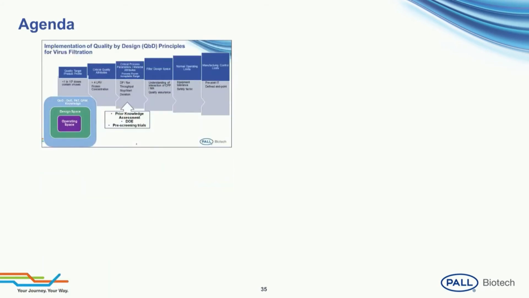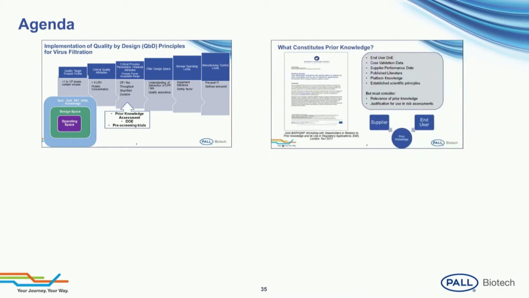The agenda would include a stepwise process for building quality by design principles into a virus filtration process, and a review of how prior knowledge assessments can facilitate the risk assessment that needs to be performed by the end user to determine the most appropriate design of experiment.